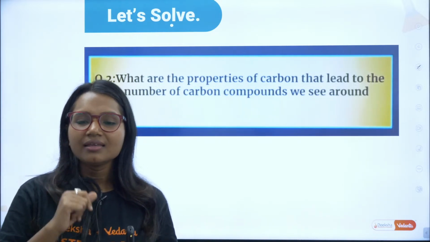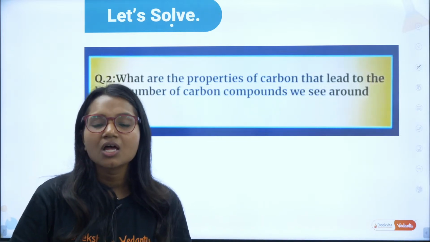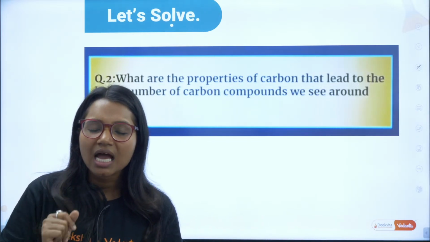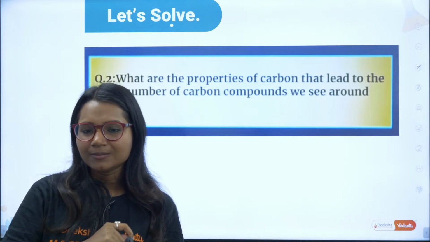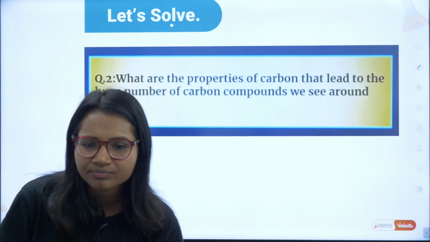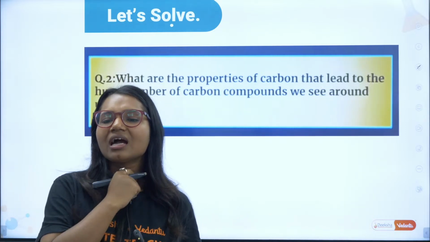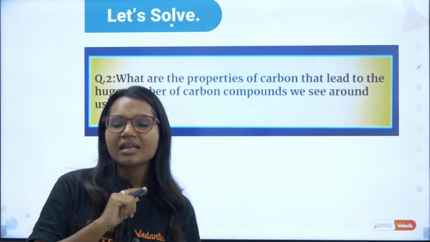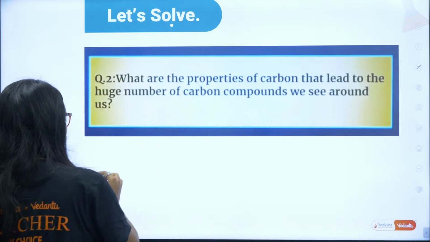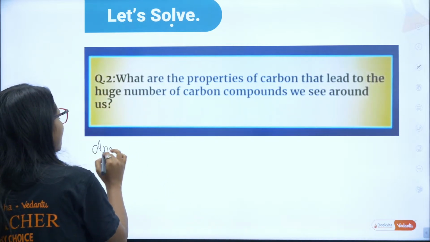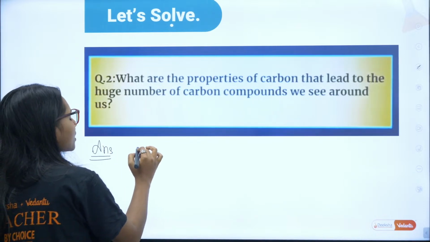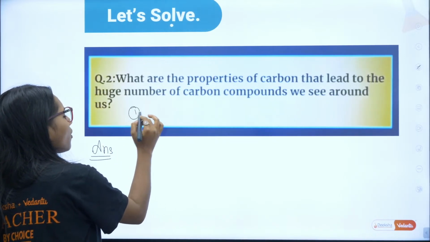Because of valency, Dhanush has told me the correct answer. Sumukt also has given the correct answer. Catenation and tetravalency. Absolutely correct. Mahalinga has also given the correct answer. So you are super duper smart. So what is the answer for this? Carbon is tetravalent. First point.